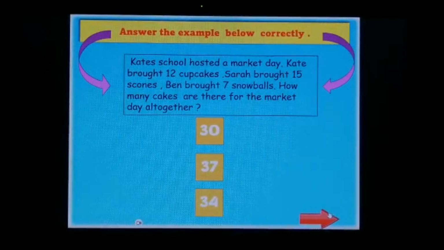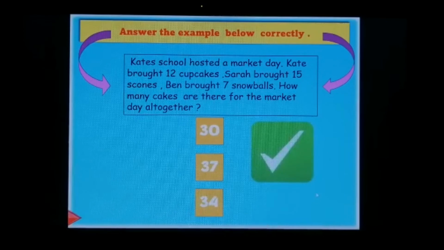Now, Kate's school hosted a market day. Kate brought 12 cupcakes. Sarah brought 15 scones. Ben brought 7 snowballs. How many cakes are there for the market day altogether? So, how many are there? 12 plus 15 plus 7. That's correct.